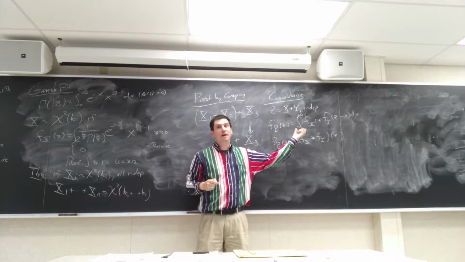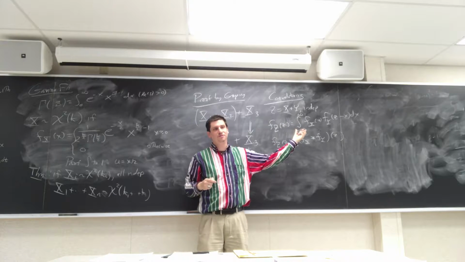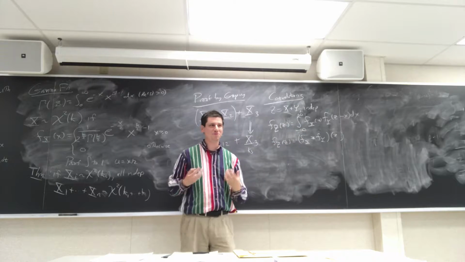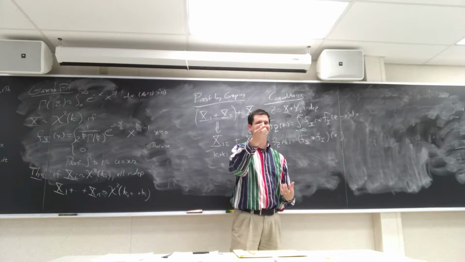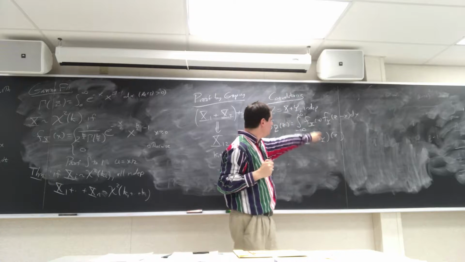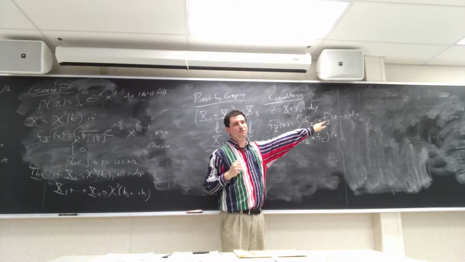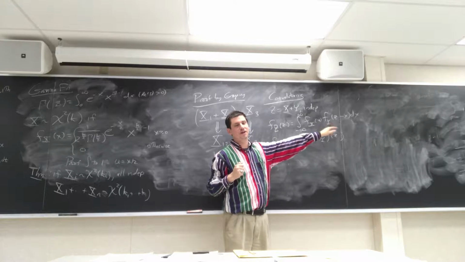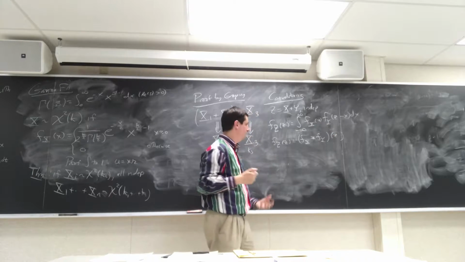Well, this better be a probability distribution. So if it's a probability distribution, what must be true? Non-negative, and it integrates to 1. The non-negative is not a problem. I have two functions that are non-negative. I multiply them and I integrate. Can't become negative. I now have to show that it integrates to 1.